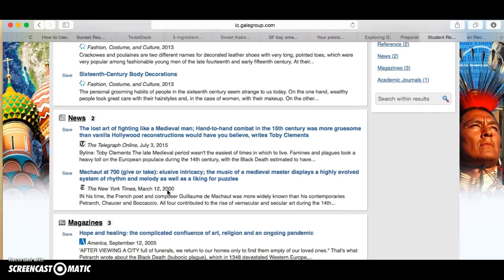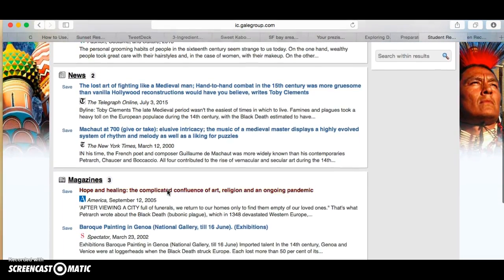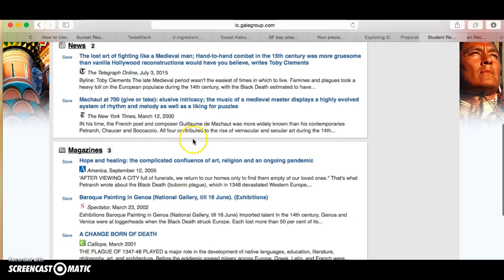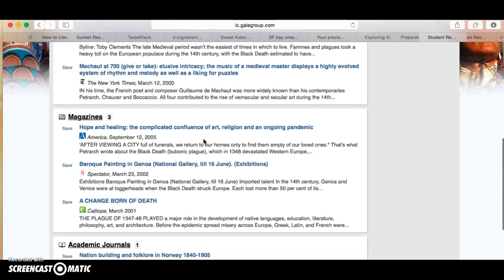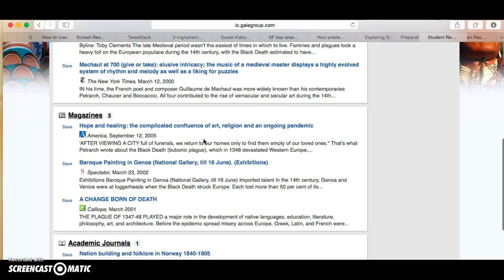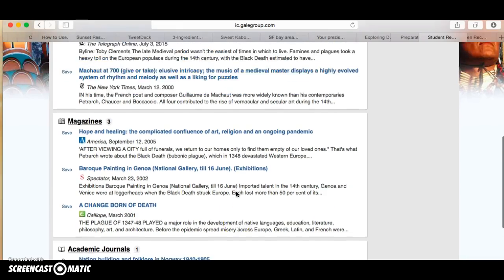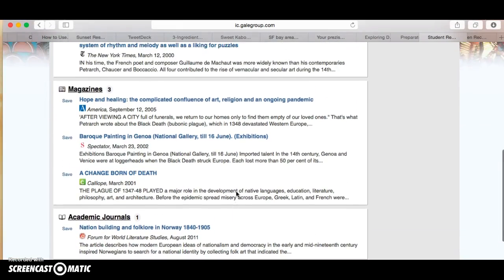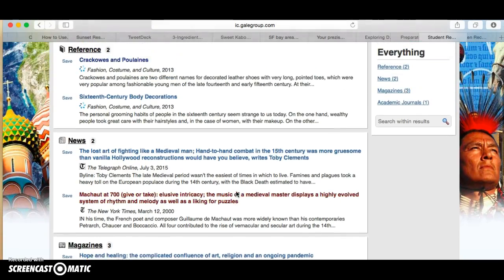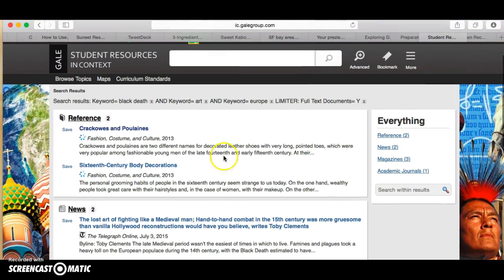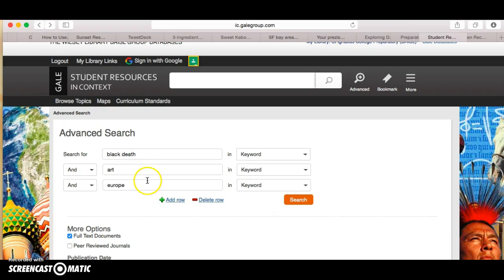There we go. Come back to the shoes article, body decorations, hand-to-hand combat, 15th century. Oh, some music, puzzles. Hope and healing, the complicated confluence of art, religion, and an ongoing pandemic. So here we get a really good, specific, and efficient search that would get us what we need about artistic responses.